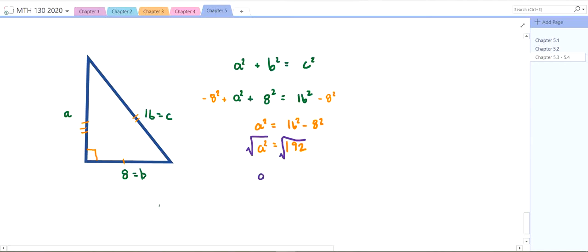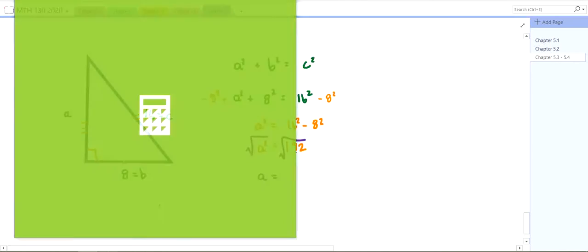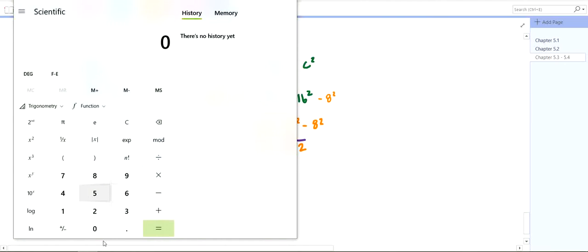So A then, because the square root of a squared means we're looking for what value we multiply by itself that gives us a squared. Well, a times a is a squared. And here we just take the square root of this, and we'll just use the calculator for that. So let me see.